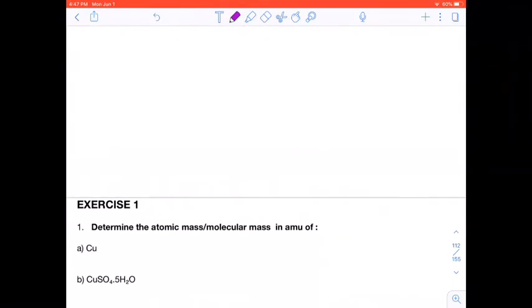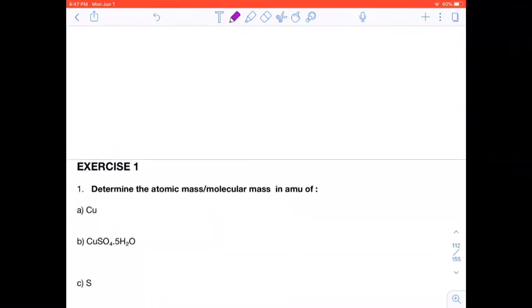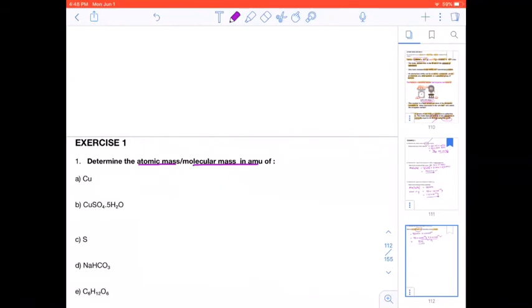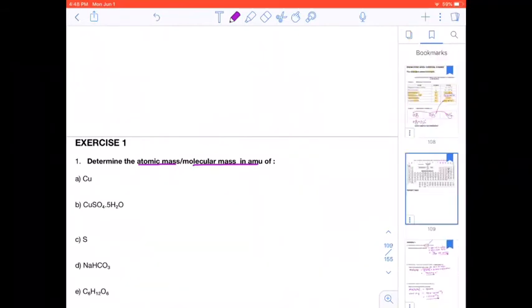Now let's look at it. It says determine the atomic mass and the molecular mass in AMU. We say atomic mass and molecular mass because when I'm dealing with an atom, it's going to be atomic mass. So we want to know the atomic mass of copper in AMU. We know that the periodic table gives us the relative atomic masses, but we want it in AMU.